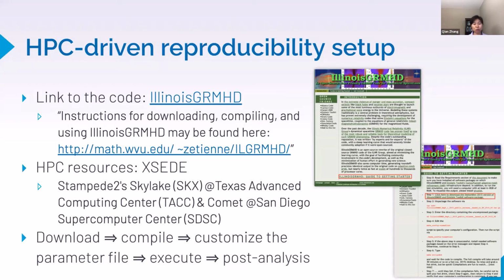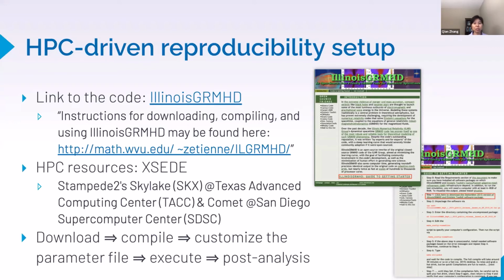I was lucky to have the opportunity to contact the original author, and he told me the new link to where the numerical model is located right now, so I was able to access the code and some key parameter files for these numerical models.